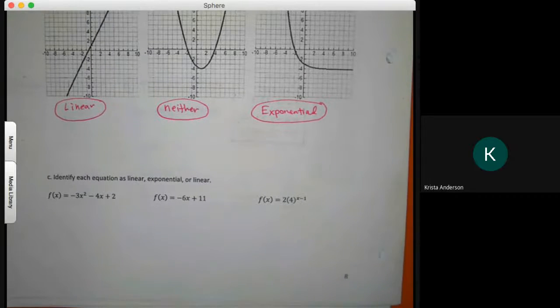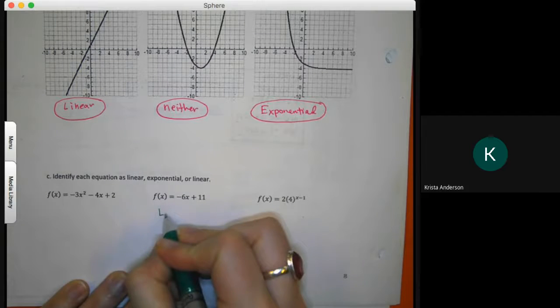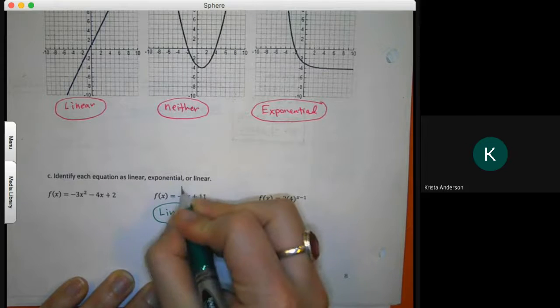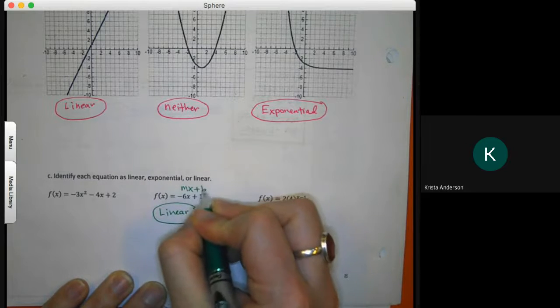Looking at the equations, which one do you think is linear? The negative 3x squared minus 4x plus 2, negative 6x plus 11, or 2 times 4 to the power of x minus 1. Which one's linear? It is not the last one. It's the middle one, because it is in the form mx plus b.